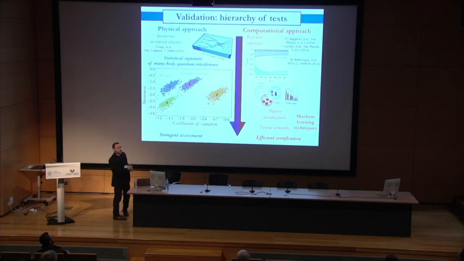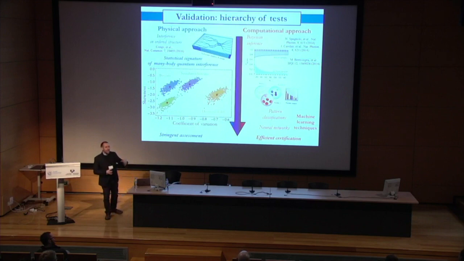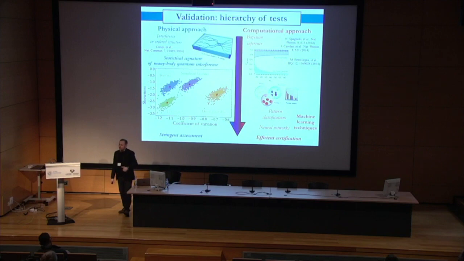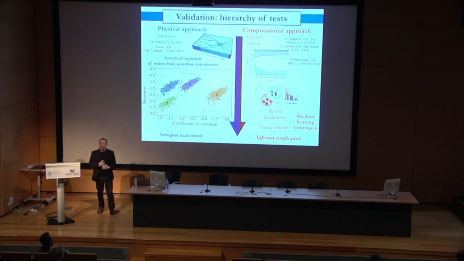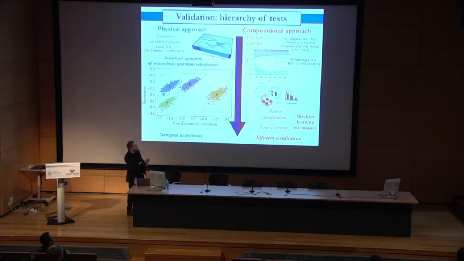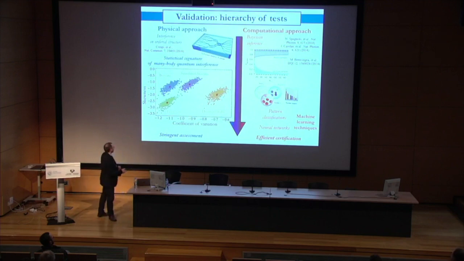On the other side, you have the computational approach, where you take your output data, exploit it as a pattern, and try to validate the pattern using different computational approaches. These could become more sophisticated and provide stronger evidence. When you deal with this validation test, you also have to take into account the efficiency of your computational approach. Some approaches may not be efficient, in the sense that you need to calculate the permanent, while others could be efficient.